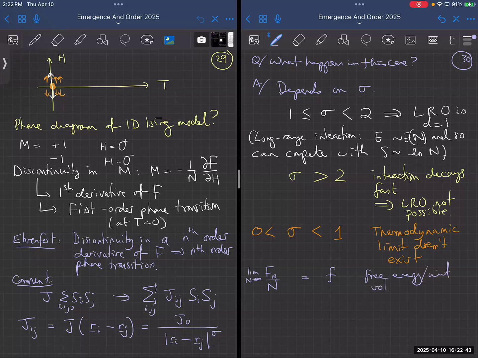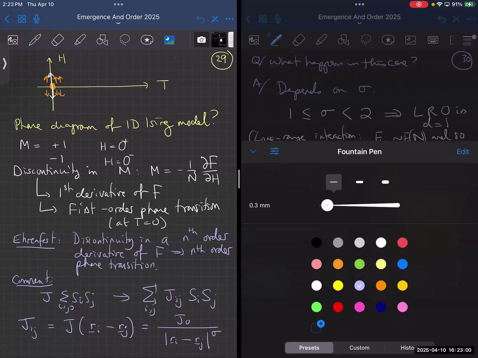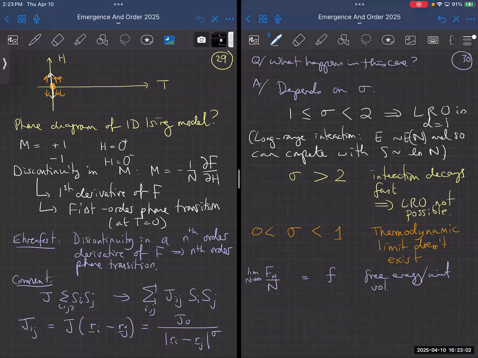And that should exist. And that's what we mean by the thermodynamic limit. But if sigma is smaller than 1, then the integrals diverge and it doesn't exist. So it's not a good model of a physical system. All right, so let's move on. So let's go on to looking at what happens in 2 dimensions.